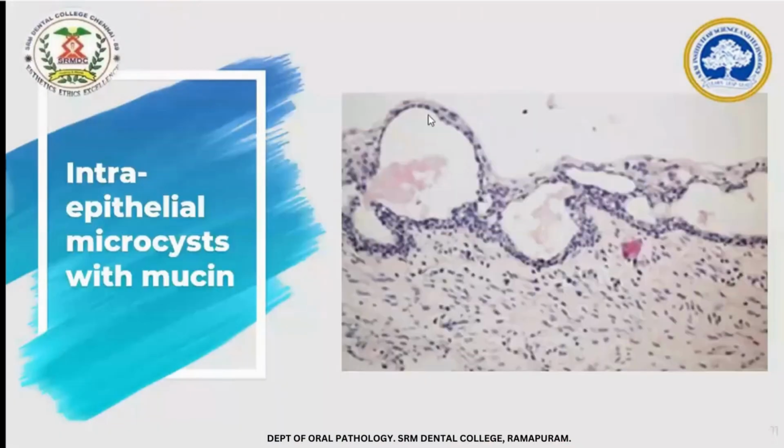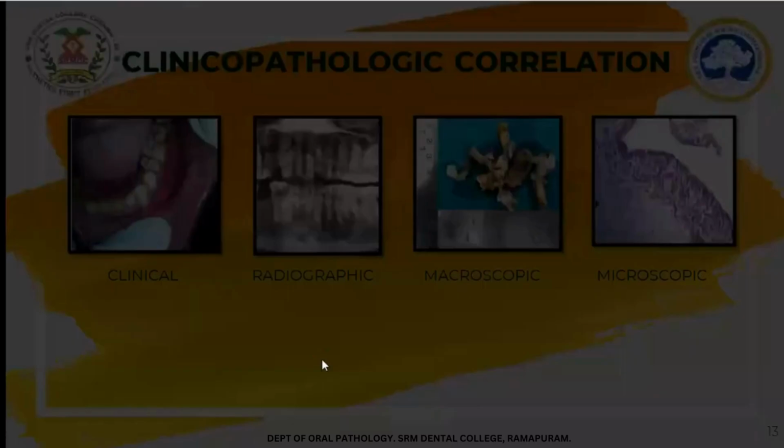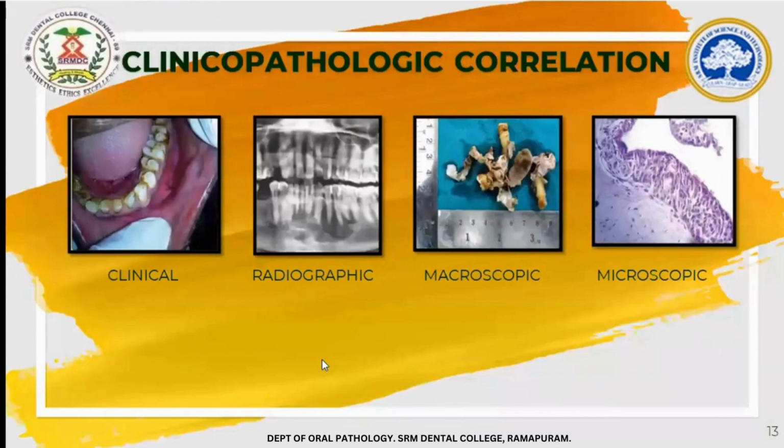And these are intraepithelial microcysts. They might have mucicarminophilic material, which may be PAS positive. See, this is the mucicarminophilic material which is PAS positive. So these are the various presentations of glandular odontogenic cyst.